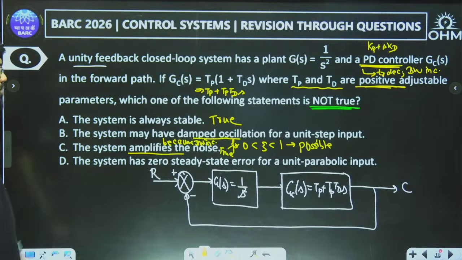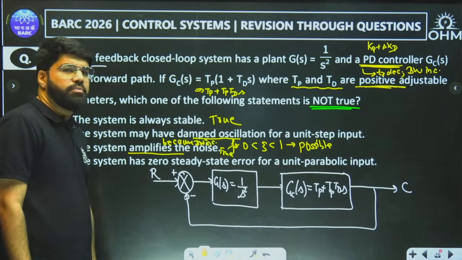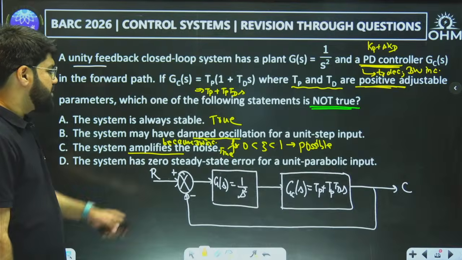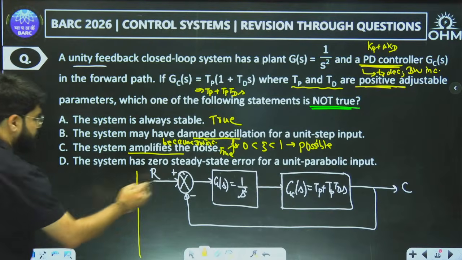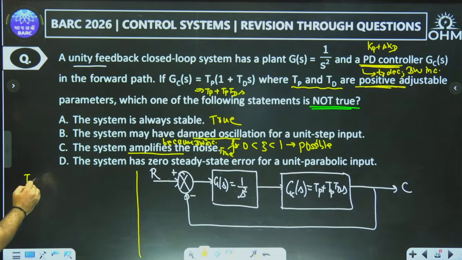The system has zero steady state error for unit parabolic input. See, what is the type of the system? If you just see here, what is the overall open loop gain, the final forward path gain? Anyway, unity feedback is there.